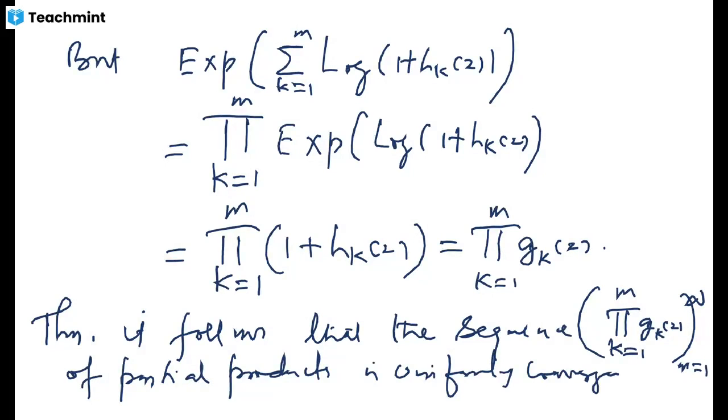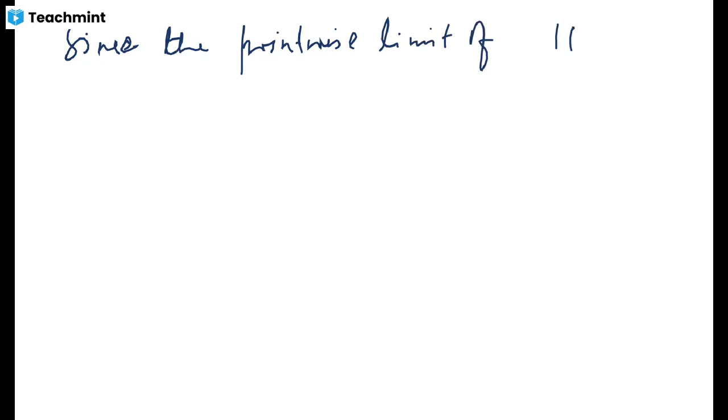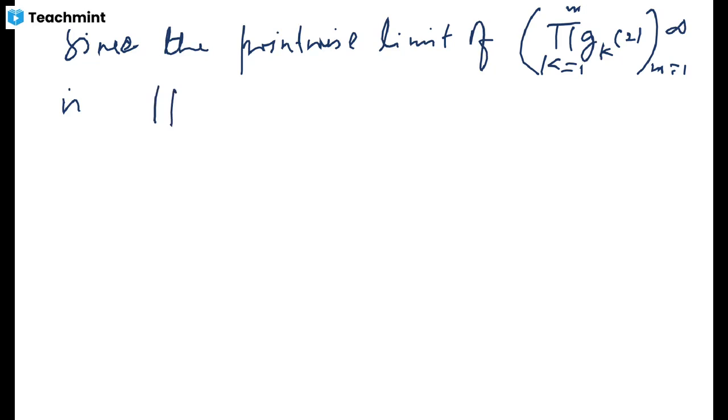And it will converge to the same function to which it converges pointwise. And since the pointwise limit of this sequence of partial products, m equals 1 to infinity, we know that its pointwise limit is this infinite product, so this should also be the uniform limit.